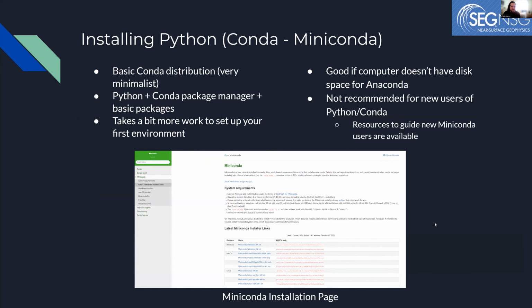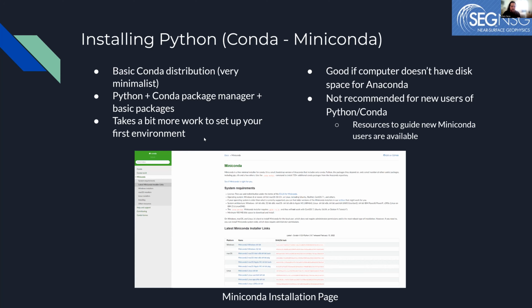Then you have Miniconda, which is still using its package manager. It's still taking everything you need and putting it in one place, but it really only installs Python, the files for the whole Conda package manager, and some basic packages that people will need just to more easily install some other stuff. Once again, it's actually pretty quick to install.